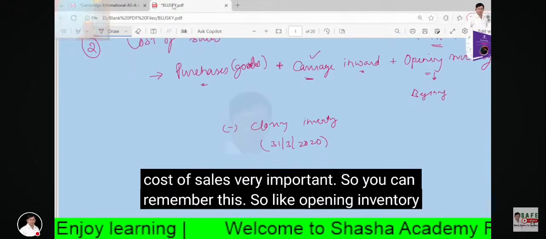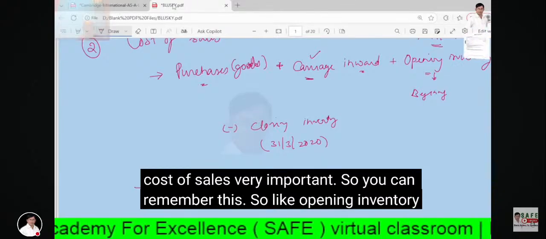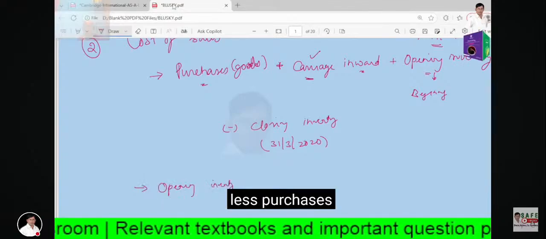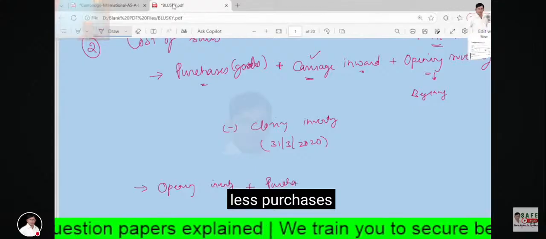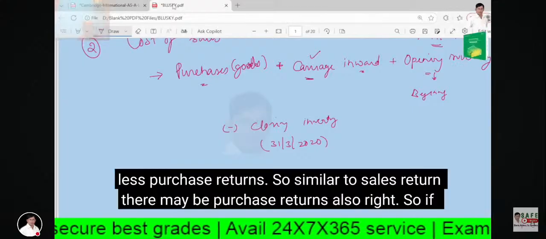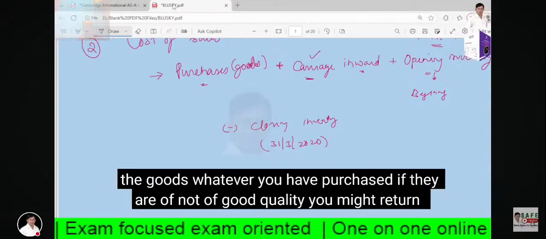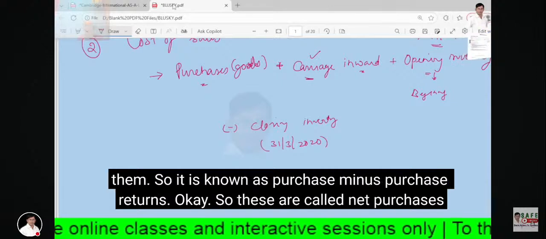So like opening inventory, plus purchases less purchase returns. Similar to sales return, there may be purchase returns also. If the goods you have purchased are not of good quality, you might return them.